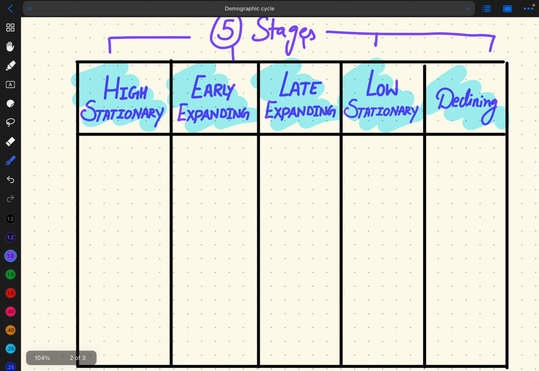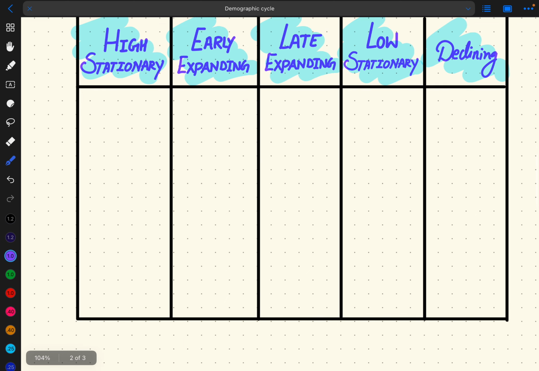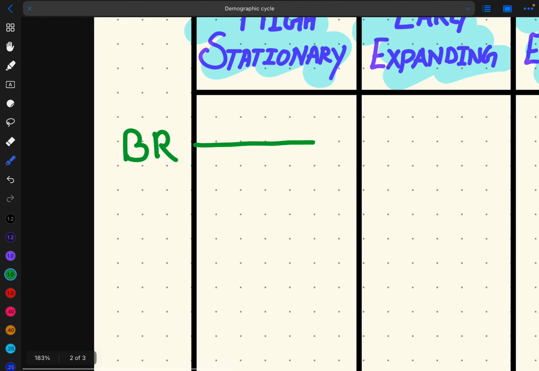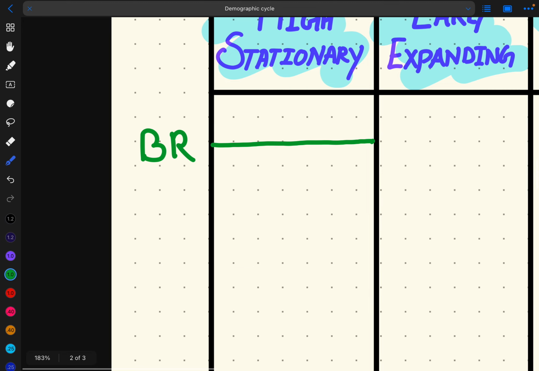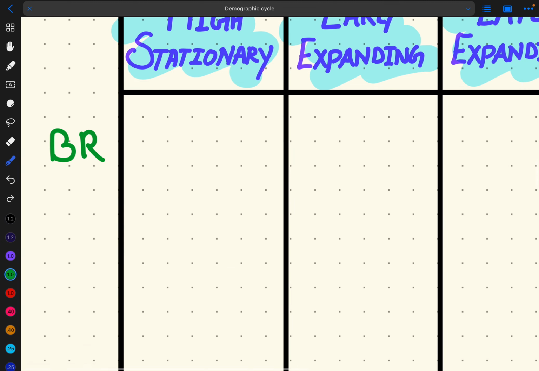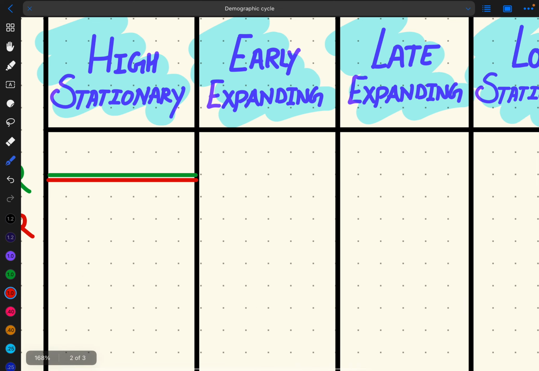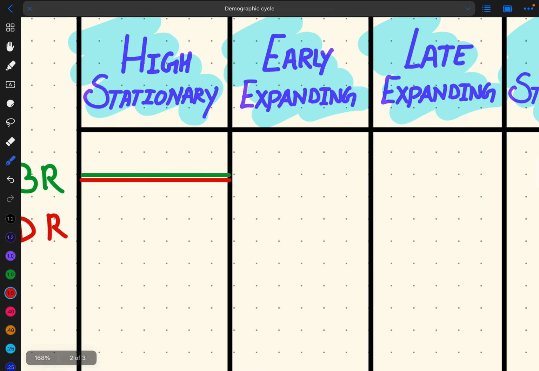We will take birth rate and death rate. In high stationary, birth rate is constant, and death rate is also constant. Here there is no gap. We can see both lines are the same.